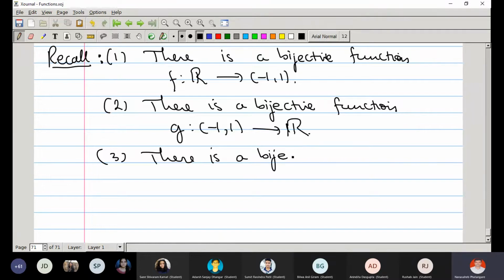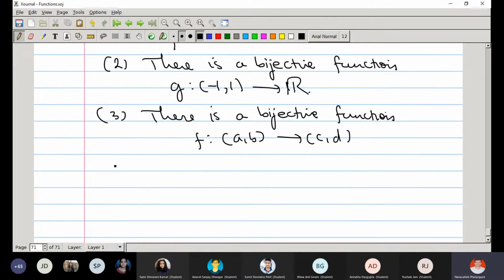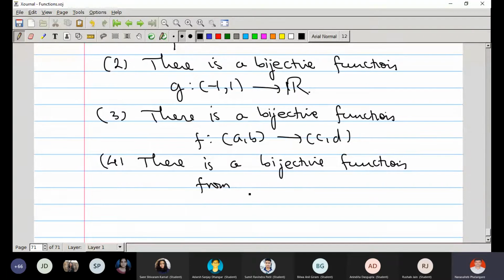F from any interval to any other interval. Is it correct? Yes, sir. So moreover, there is a bijective function from any interval (a, b) to (-1, 1). Right? So this is what we discussed.